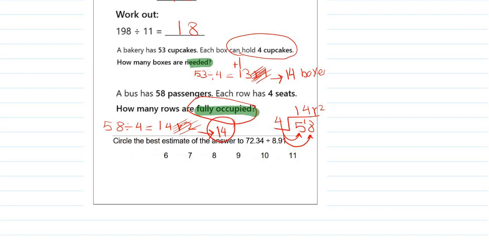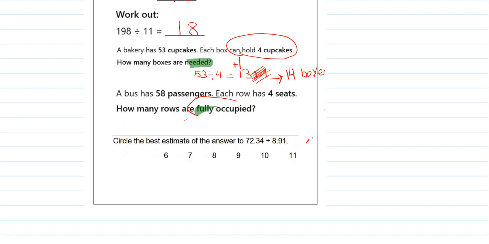Don't forget. Circle the best estimate of the answer: 72.34 divided by 8.9. To estimate, round each number before calculating.